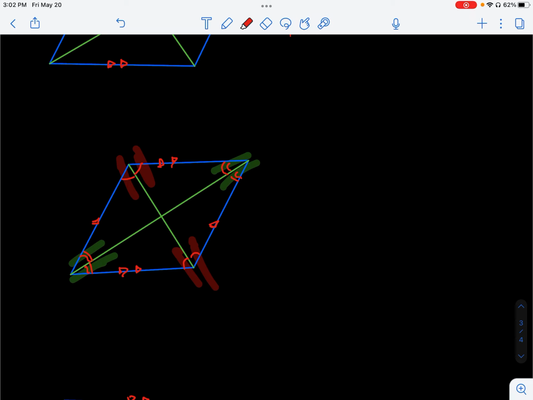So here we're creating four congruent angles because the diagonals bisect the opposite angles. Once again, if this happens, it's a rhombus. If it's a rhombus, then this will happen. So this is a rhombus.